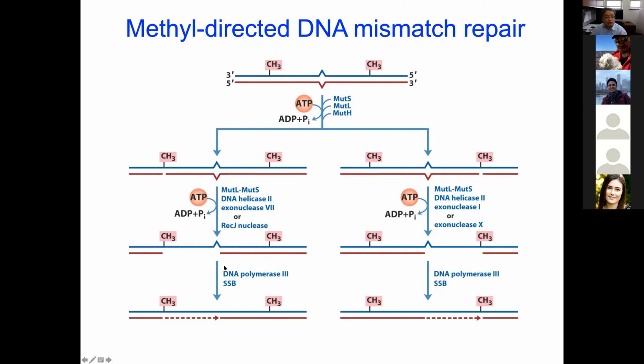Yeah, it will fill in the DNA, and then eventually they can be connected to each other. So there's some type of mismatch within that strand or at that certain spot. Yeah, it will recognize the sequence and then cleave the newly synthesized strand, which is not methylated. And then the enzyme, like a polymerase, will lay a new strand of DNA here. And then the ligase will connect them together. That is how it works.